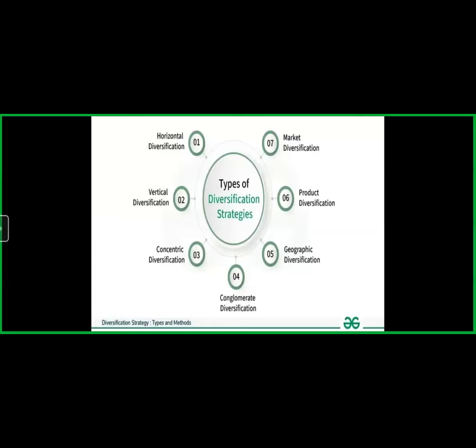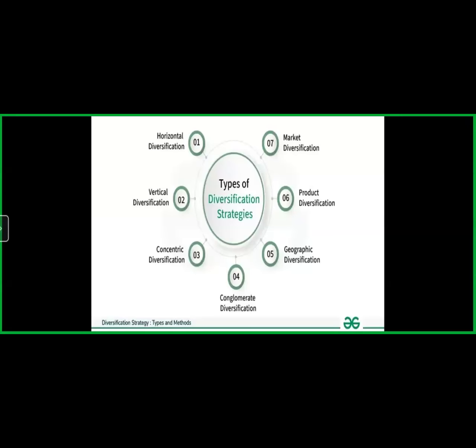So for example, if we take the example of Samsung, a company which is into manufacturing of, say, electronic products, they are into the manufacturing of electrical appliances, they are into, say, real estate, also they are into banking services, also they are into the manufacturing of defense equipment. So one company is entering into different sectors.